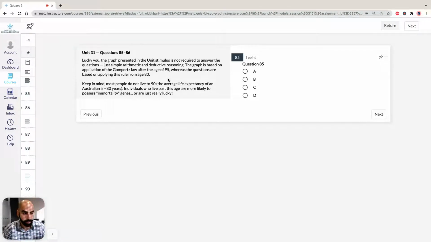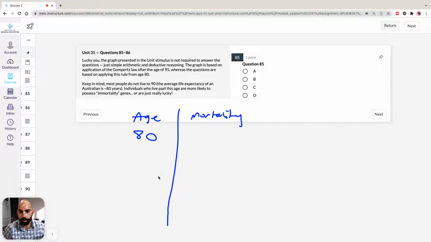So how do we approach this? Let's say at age 80, we've got our age, and we've got our mortality. We're told that at age 80, the mortality is 0.1, and that this doubles every 5 years. So every 5 years, it's going to double.